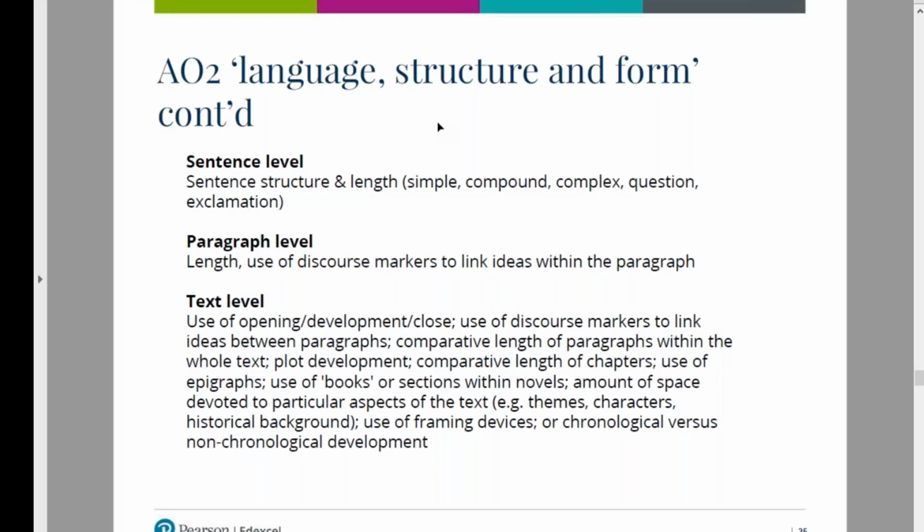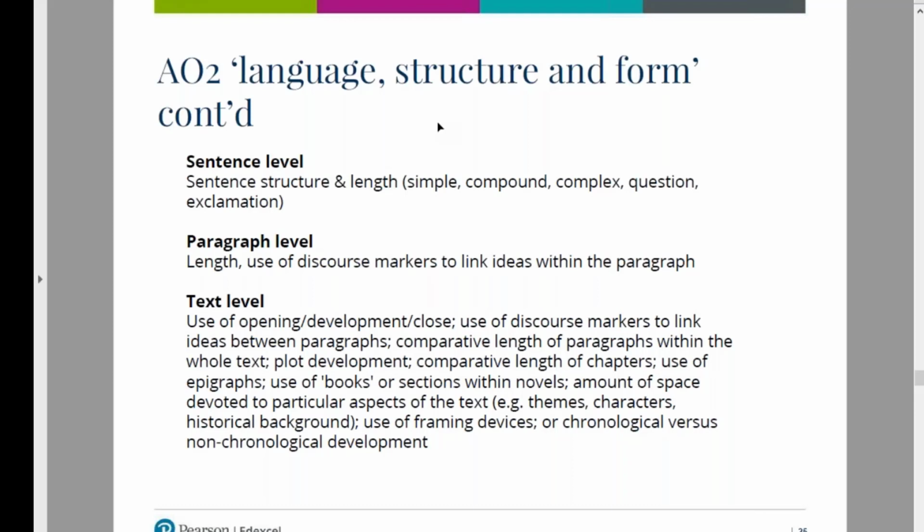So here are some examples. With structure, it's quite useful to think of the different levels at which structure might be commented on. Could be at sentence level or the paragraph level. So the length of the paragraph, often a varying length, and the use of discourse markers to link ideas either within the paragraph or between paragraphs.